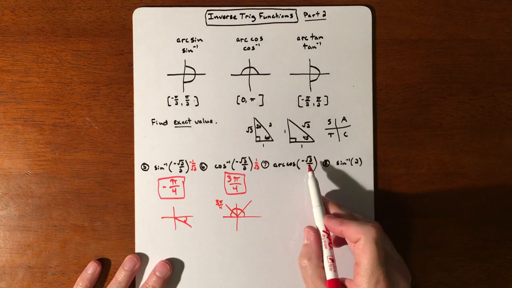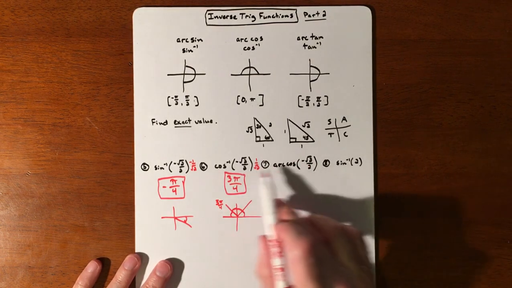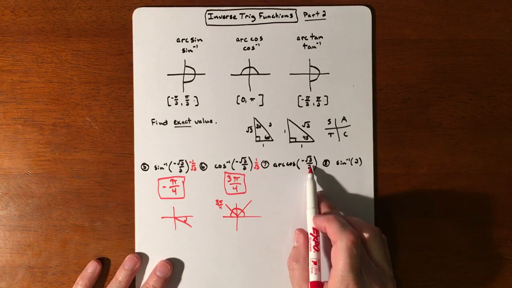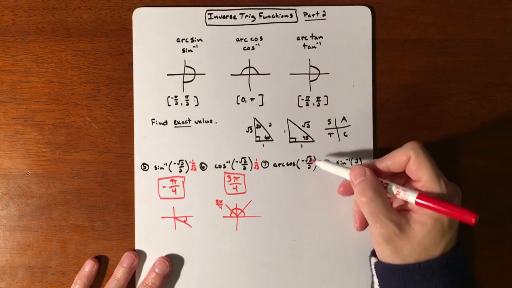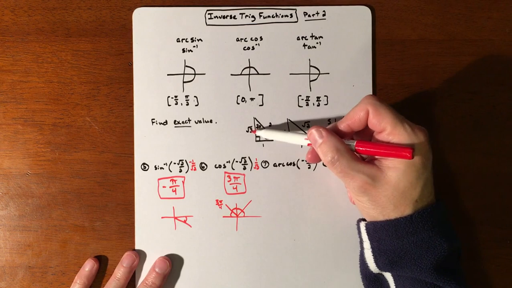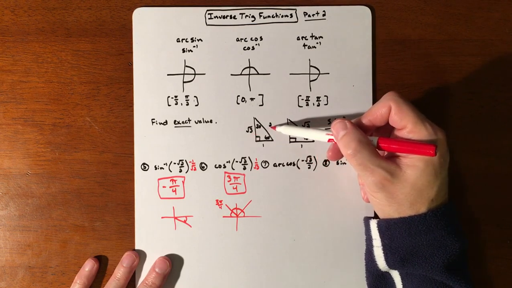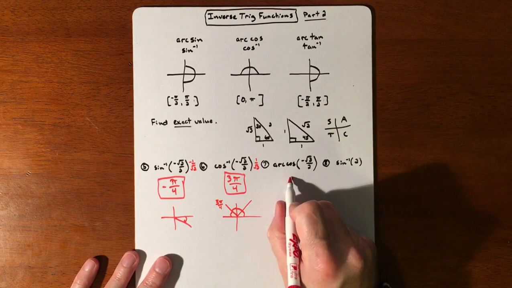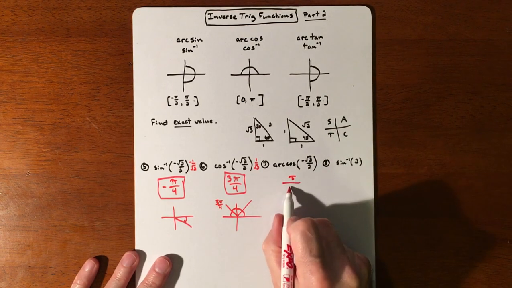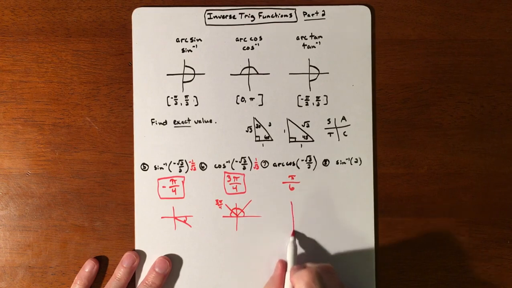This one, we have arc cosine, which is the same thing as inverse cosine, of a negative root 3 over 2. So we are going to be again in this quadrant over here, and cosine of 30 degrees is adjacent over hypotenuse, so we're looking at a bunch of pi over 6s.